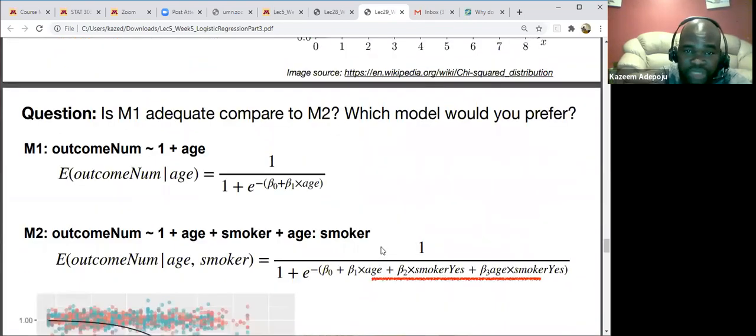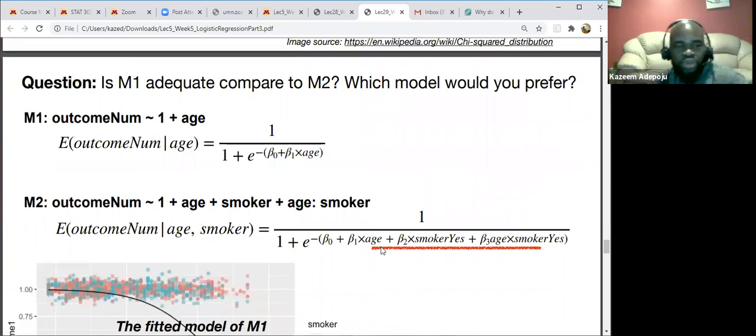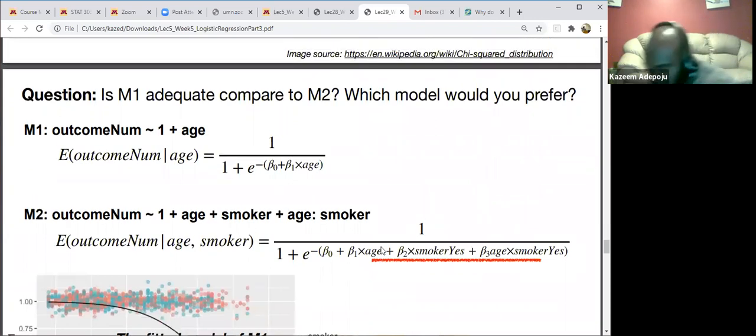Now, let us have a practical demonstration of what we have been doing. What I'm showing you right now is two logistic regression models that are competing.